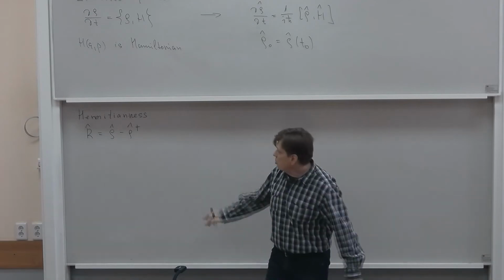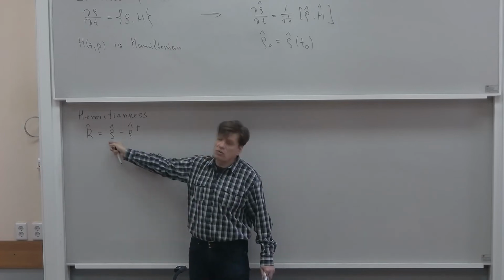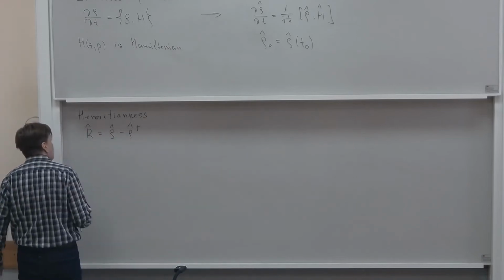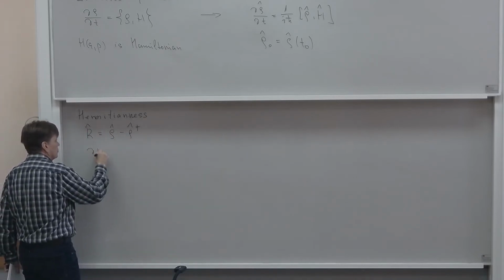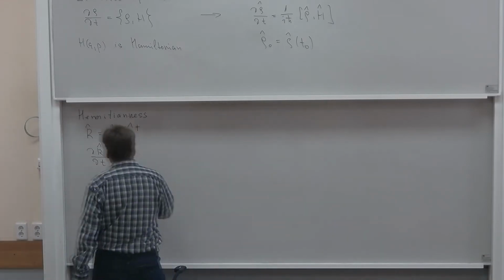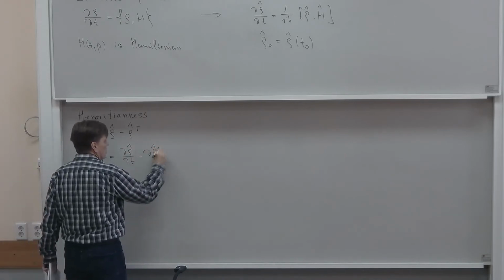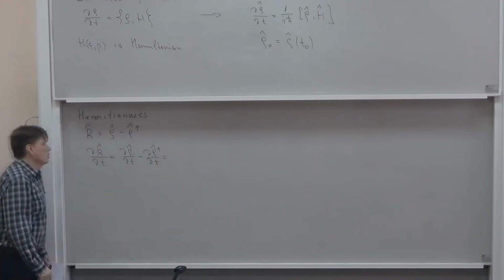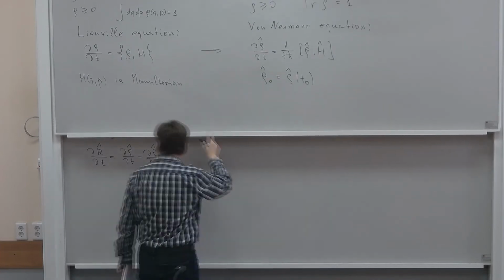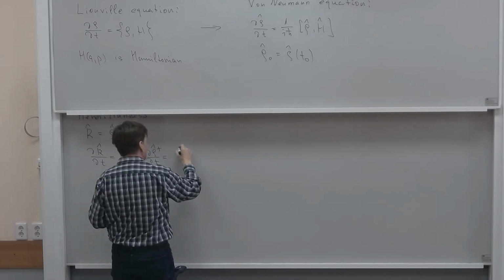This operator R measures the deviation of the operator rho from being Hermitian, right? Now differentiating this operator R with respect to time gives me d rho by dt minus d rho dagger by dt, and using the von Neumann equation up here, I can rewrite this through the commutator with H.